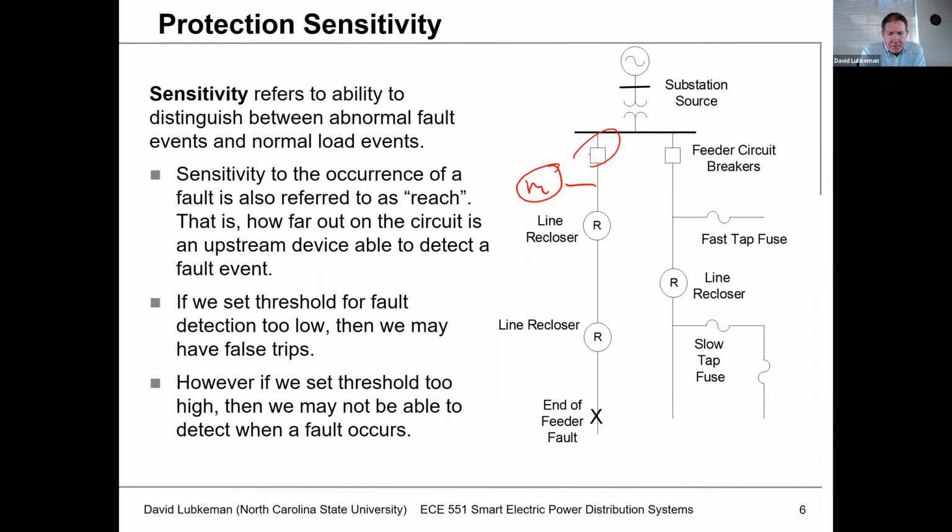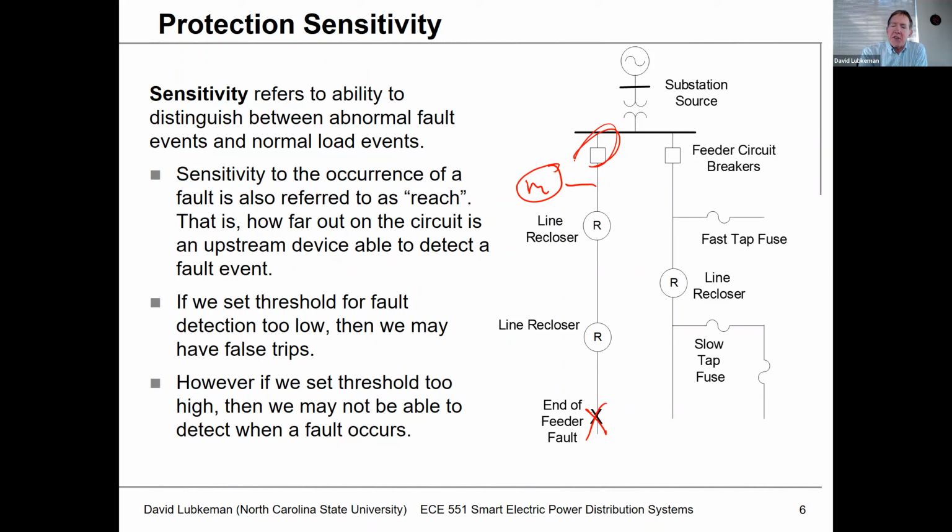And let's suppose I didn't have these line reclosers in this feeder on the left. If I had a fault at the very end, way out from the substation, we would want to make sure that the top of feeder relay could still see that fault and operate that circuit breaker.